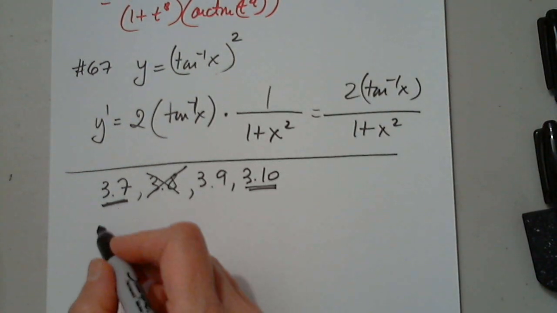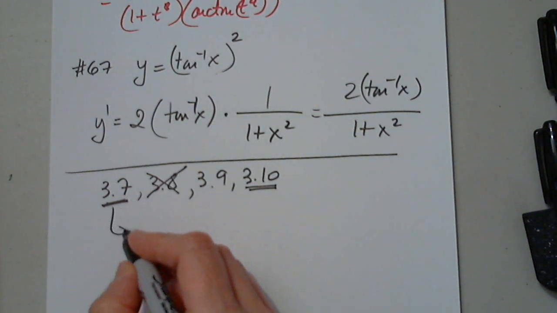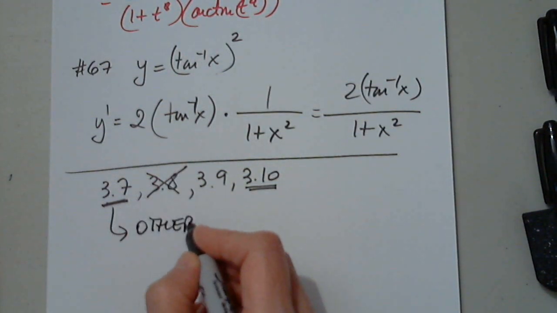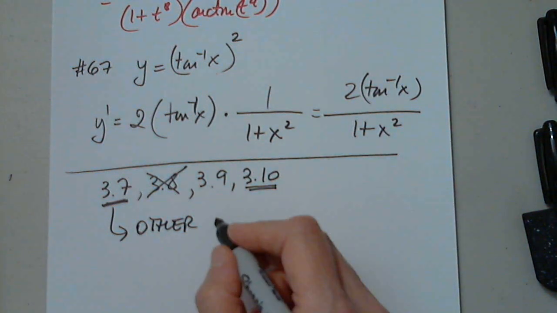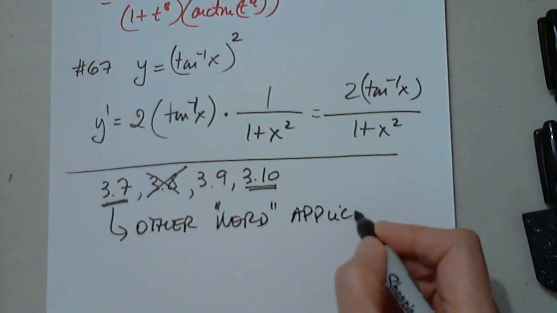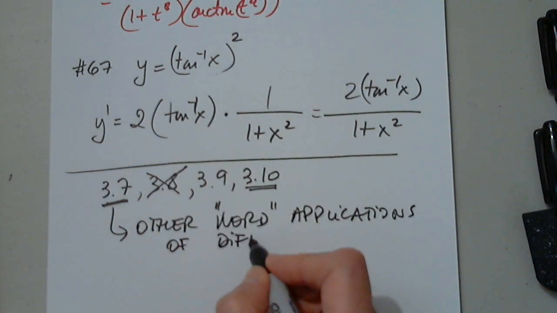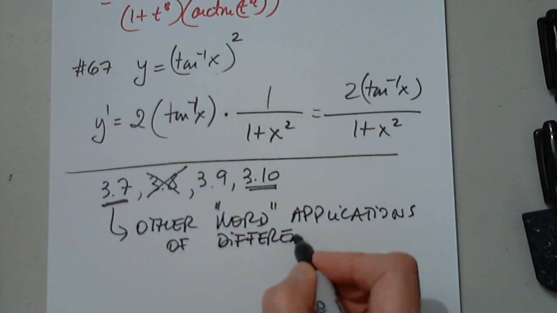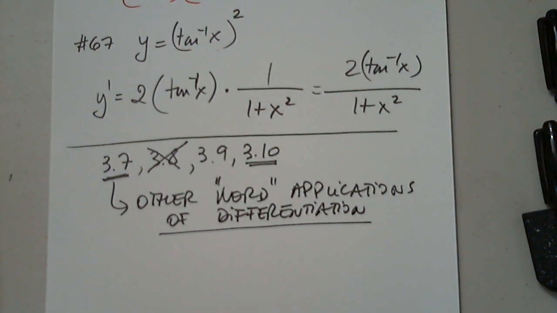Okay, so 3.7, here we're just going to look at different applications. Other real life or word applications of differentiation, of course. Okay, so I'm just going to open directly.